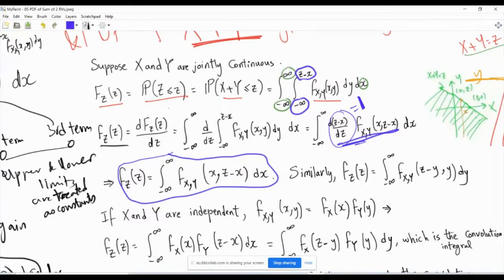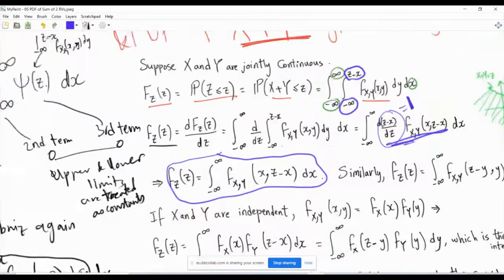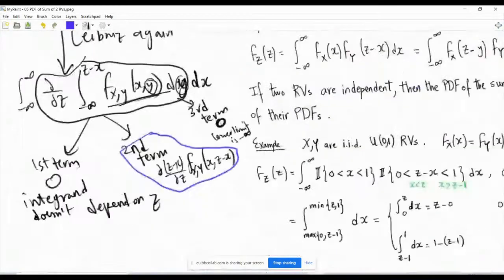But then we need to do something else, which is to differentiate with respect to a parameter that exists in a limit of integration. In that case, because we are integrating a PDF, which is a nice function, an L1 function, take it for granted, it will be applicable, and you apply Leibniz. You don't need to think about it.